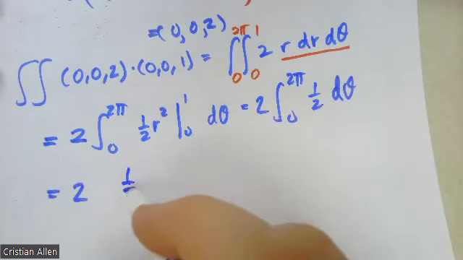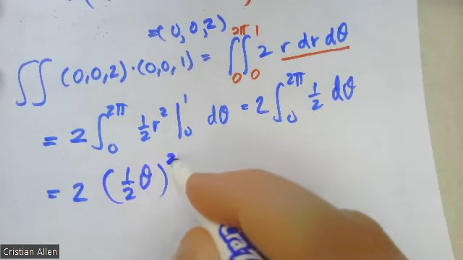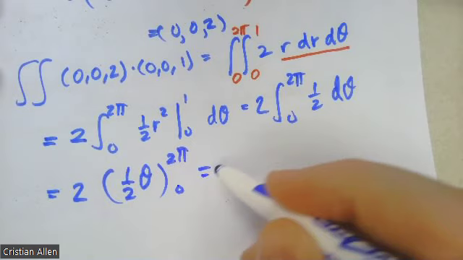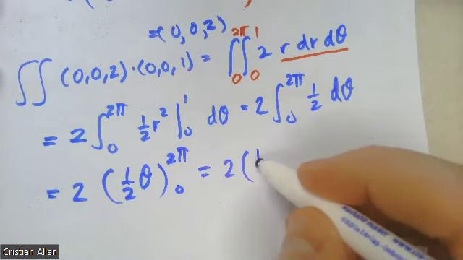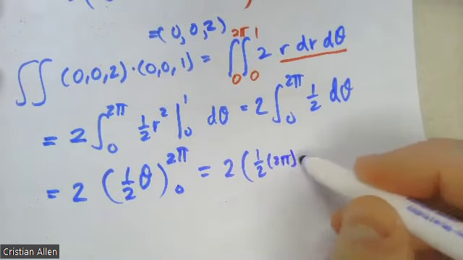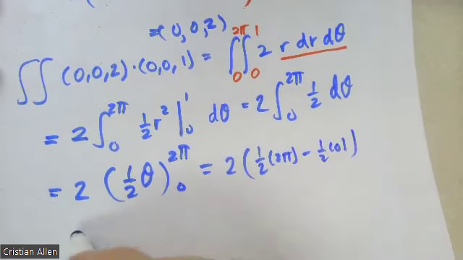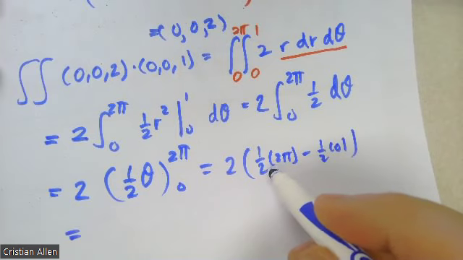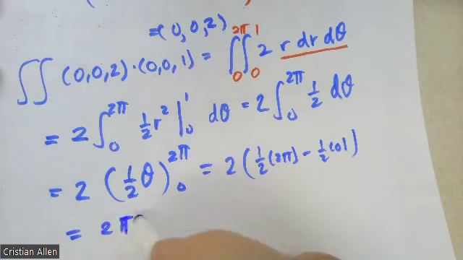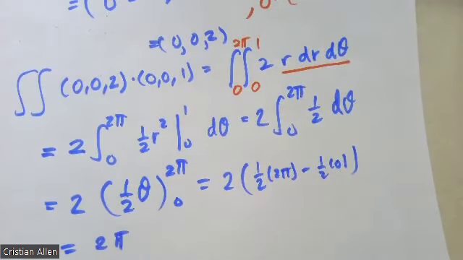Integrate 1/2 with respect to theta, you get 1/2 theta, plugging in 2 pi and 0. You get 1/2 times 2 pi minus 1/2 times 0. This is 2 times pi. This is not agreeing with our other integral here.